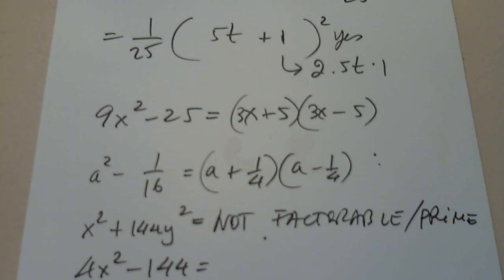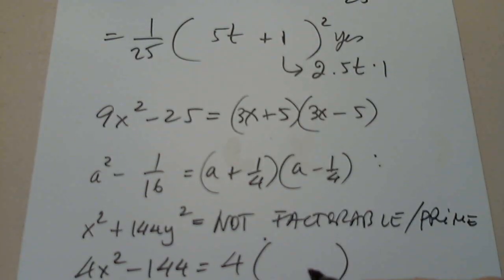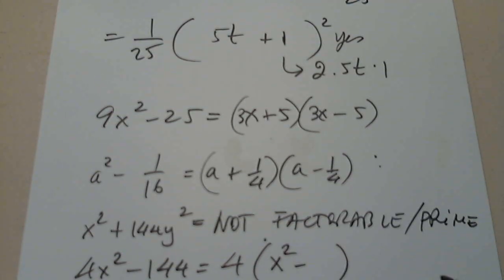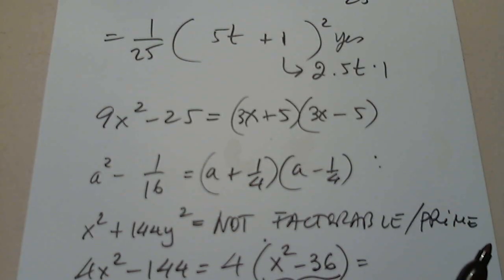Anybody? The greatest common factor is 4. What is left in parentheses? X squared minus 36. So now I'm asking myself, how do I factor this?